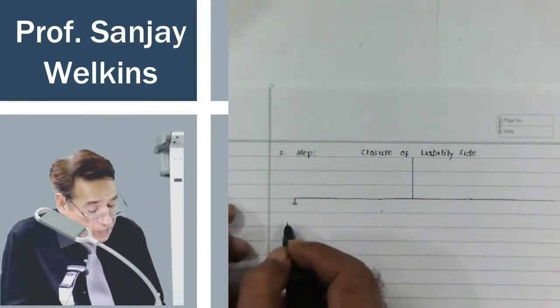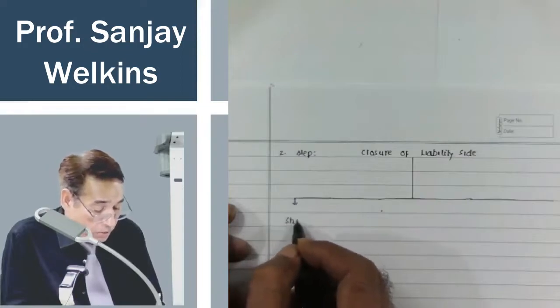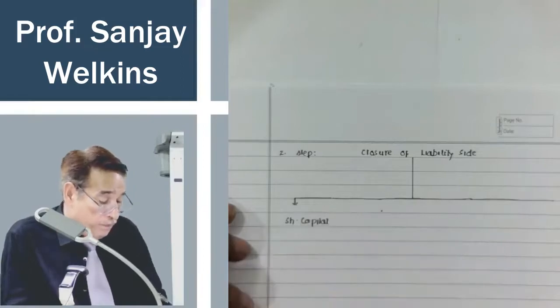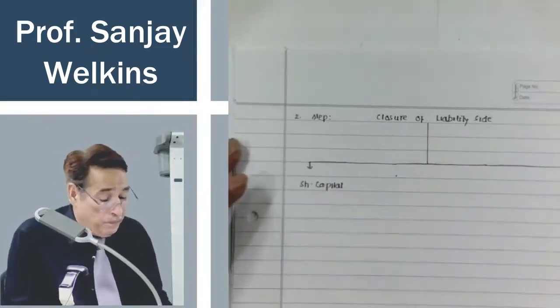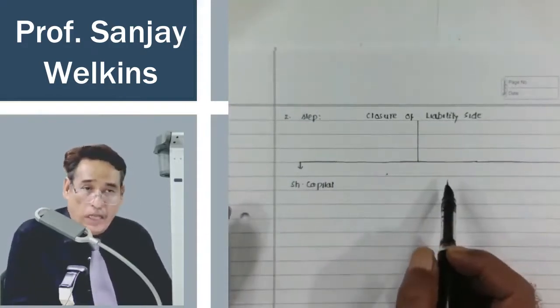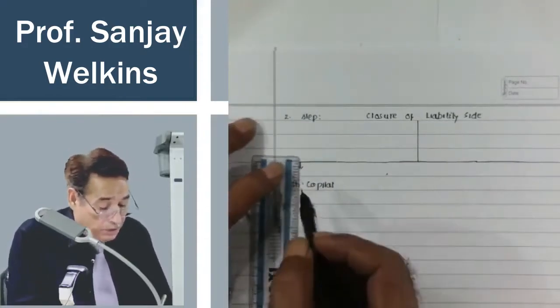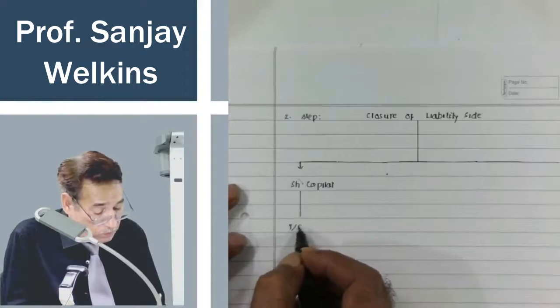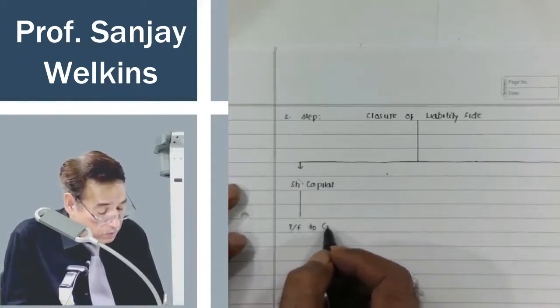Towards the liability side, we may have capital, share capital. The purchasing company will not take over your share capital. It is not possible. They will take only your liabilities. So share capital will be transferred to the credit side of shareholders account.